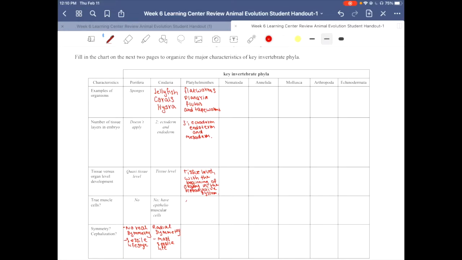And they do have a true muscle, and that's due to the mesoderm that's present. And these organisms are going to have bilateral symmetry, which is important to know, whereas the Cnidaria were radial symmetry.